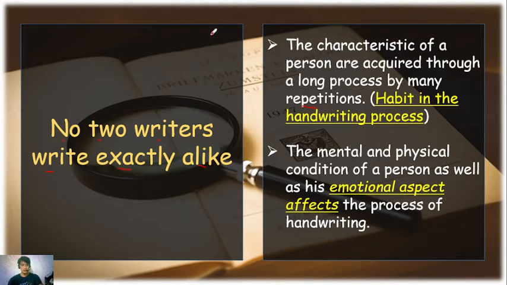Ibig sabihin nun, common sa atin yon, or common sa bawat tao. Na talagang ang pagsulat ng letter B ay ganto, katulad ng dinodrawing natin dito. Or ang pagsulat ng letter C ay ganon, or ang itsura ng letter D ay ganun talaga.